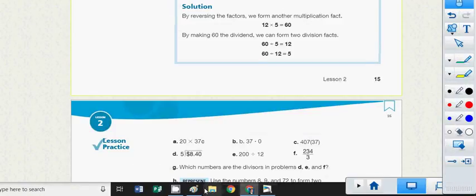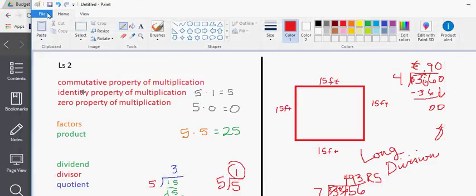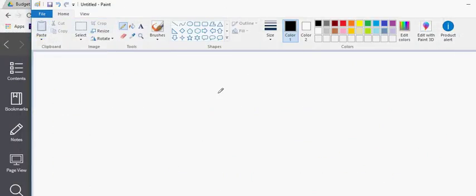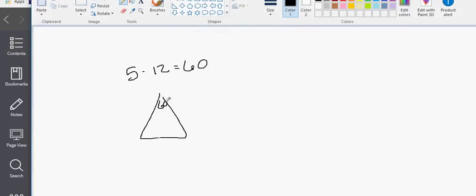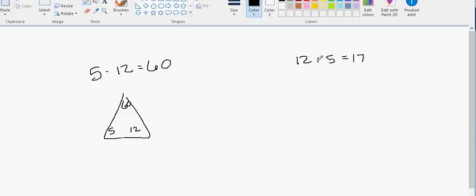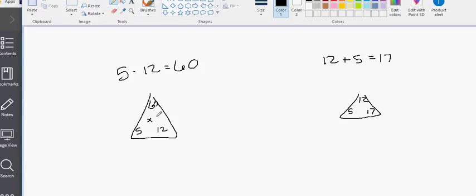Let me show it on my pad over here. If 5 times 12 is 60, then I have a fact family for multiplication division. Whereas my addition subtraction one was maybe 12, 5 is 17. I like these, especially for multiplication division here.